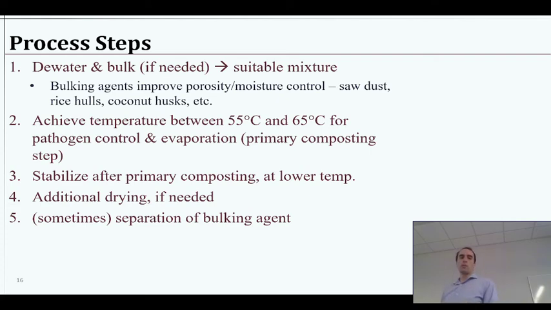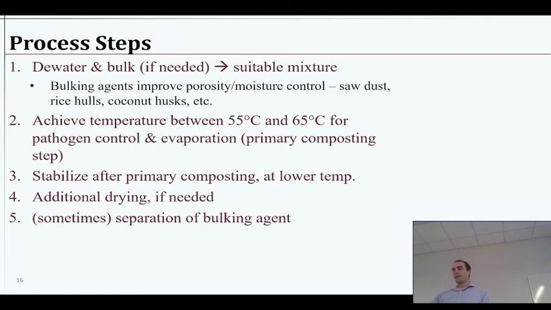So you dewater to a point. You have to still have about 50% water by mass, I think. And your target is to reach somewhere between 55 and 65 Celsius. It's pathogen control, and it's also going to help with evaporation.